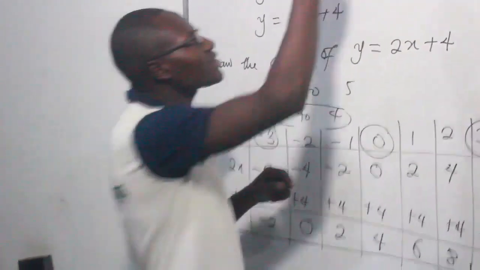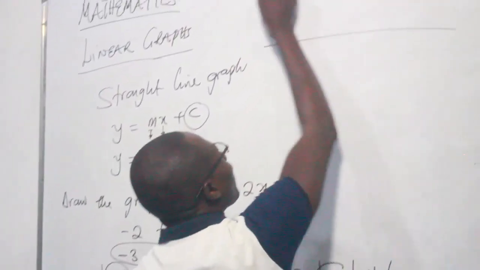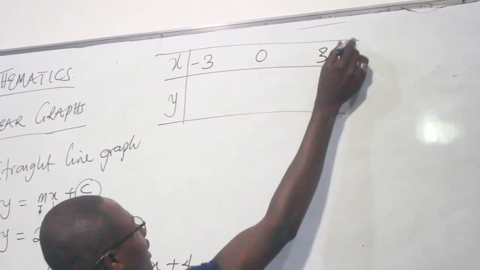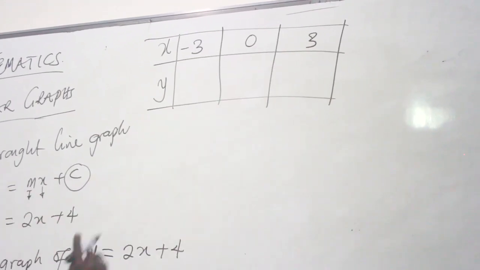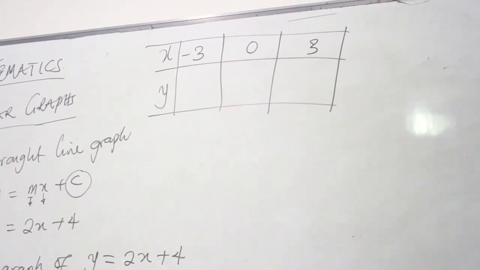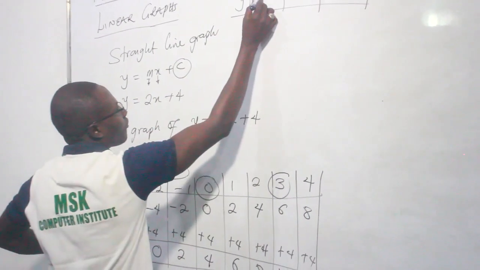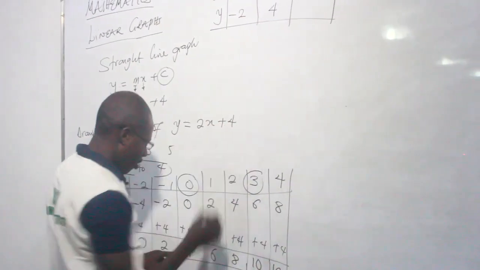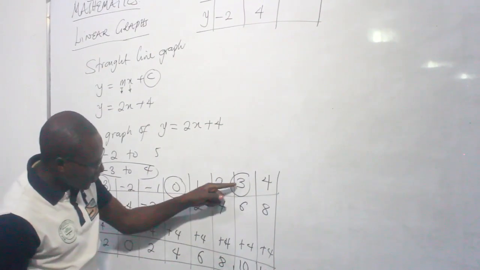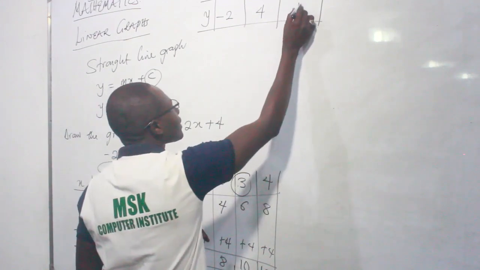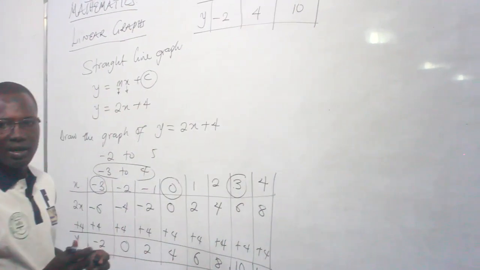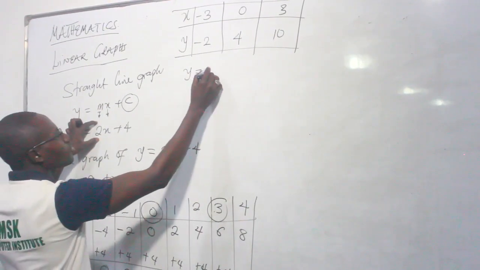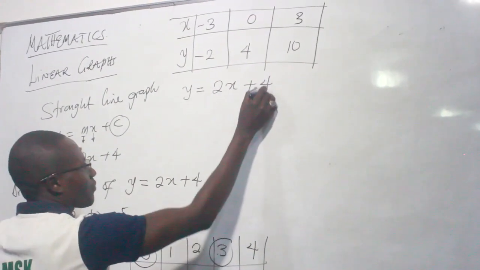This is the summarized table: when x is -3, y is -2, when x is 0, y is 4, and when x is 3, y is 10. Now, this is the table of y equals 2x plus 4.